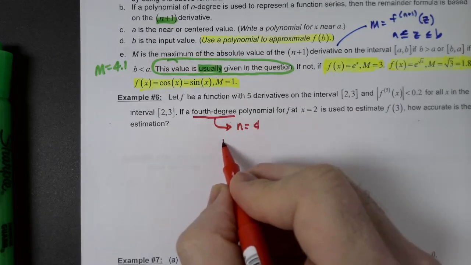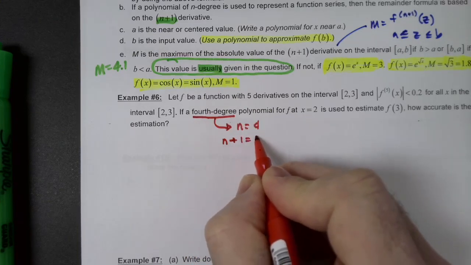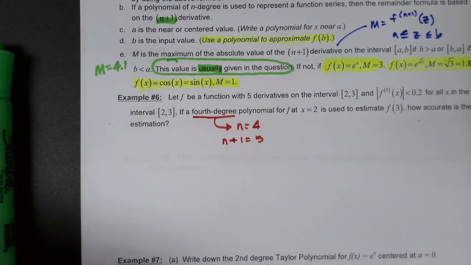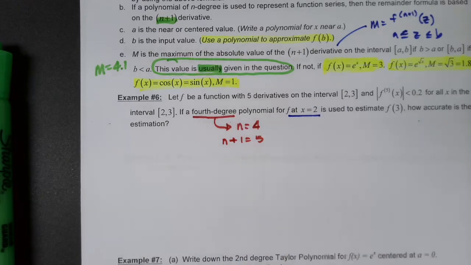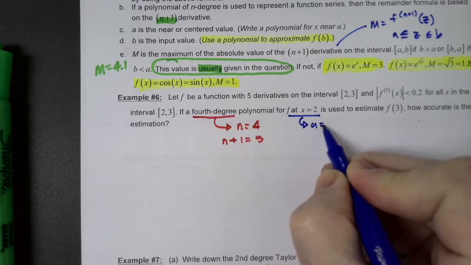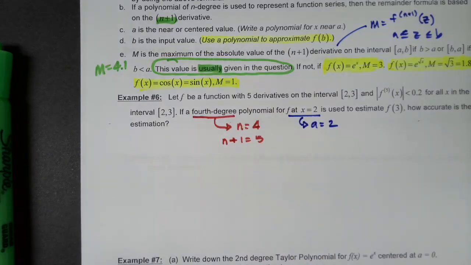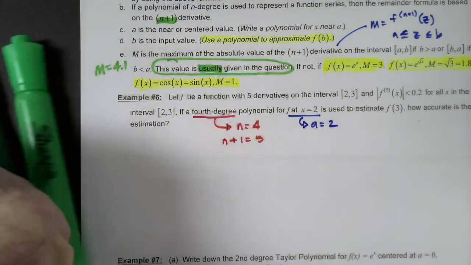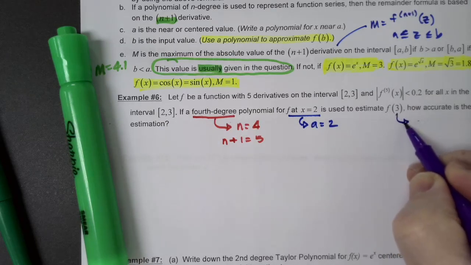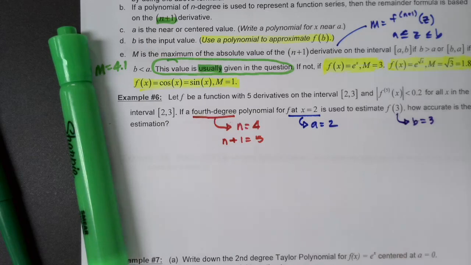Fourth degree polynomial means that our next term, our n plus 1, is 5. Interpret this next one. It says at x equals 2. That's implying that our a value equals 2. Then it says use this polynomial to estimate f of 3, which means our b value is 3 in our formula. How accurate is this?